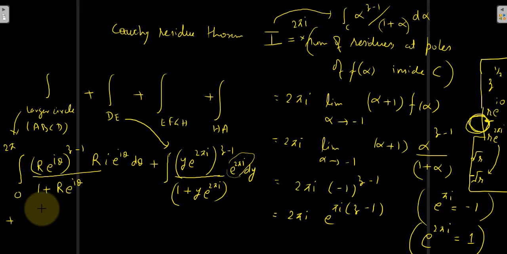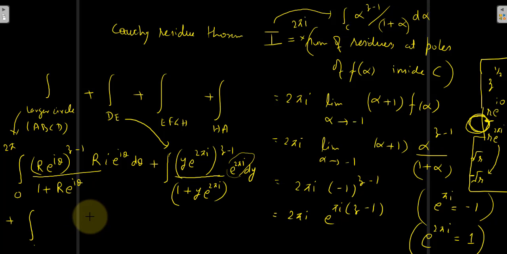Now let us move forward to this third integral. For this third integral EFGH, the value of alpha is small r e to the i theta. So everything will be the same. The only difference is that theta varies from 2 pi to 0, not from 0 to 2 pi.